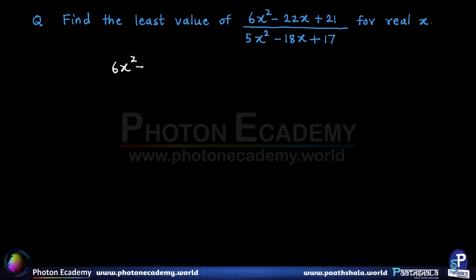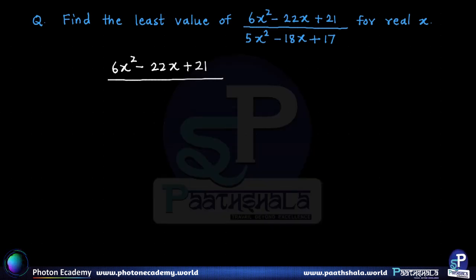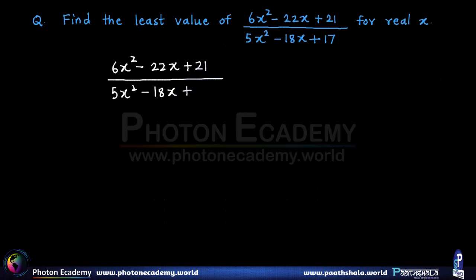So (6x square minus 22x plus 21) whole divided by (5x square minus 18x plus 17) equal to y.